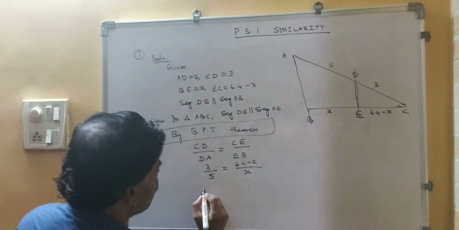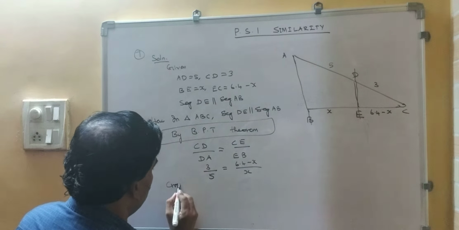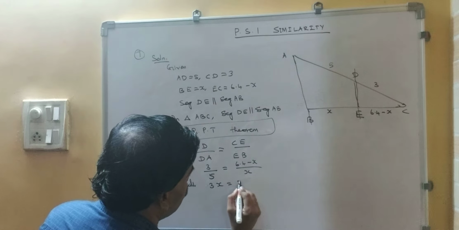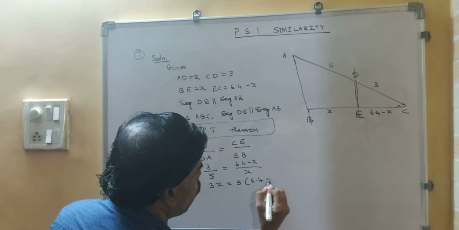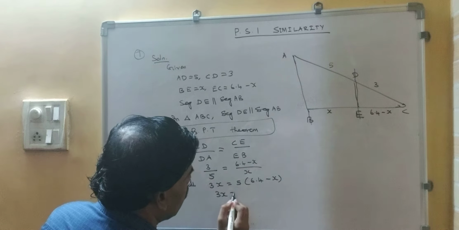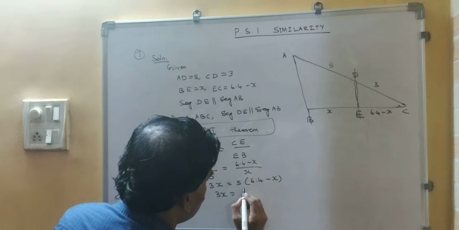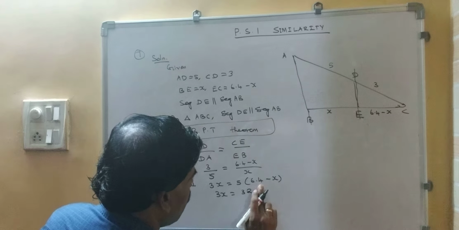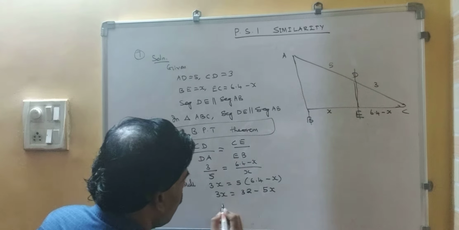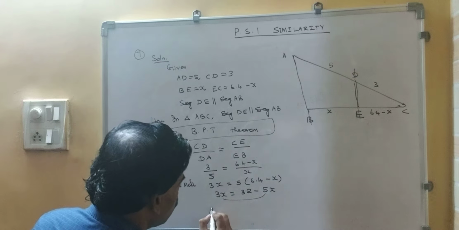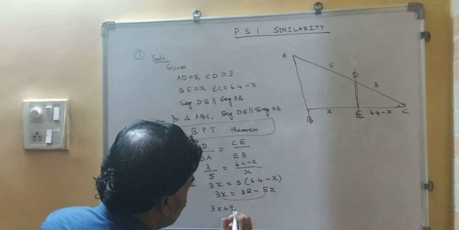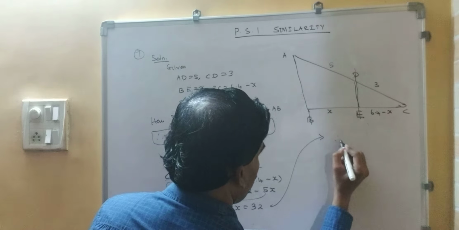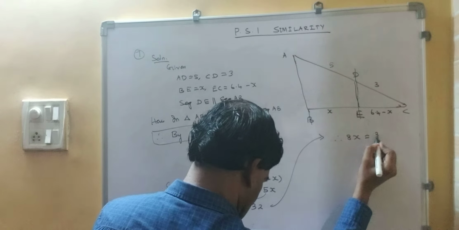Okay, now we will cross multiply. 3x equal to 5 into 6.4 minus x. Therefore, 3x equal to 32 minus 5x. Therefore, we will take 5x here. So, 3x plus 5x equal to 32. Therefore, 8x equal to 32.